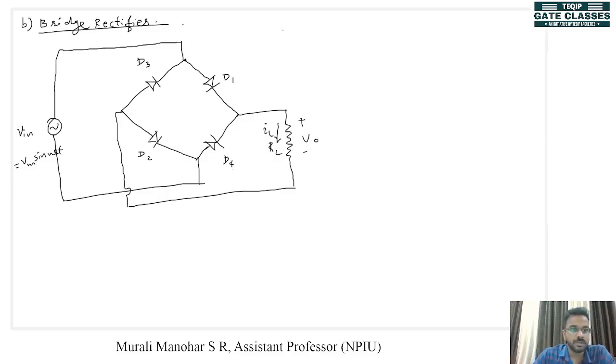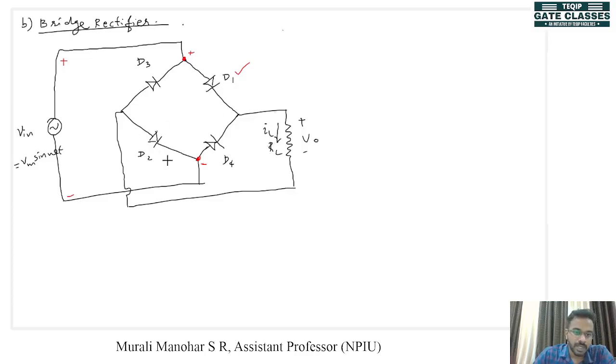Now, during the positive half cycle, we know that this point is more positive compared to this point. So when this point is more positive, the anode of diode D1 is more positive compared to its cathode, so diode D1 starts conducting.